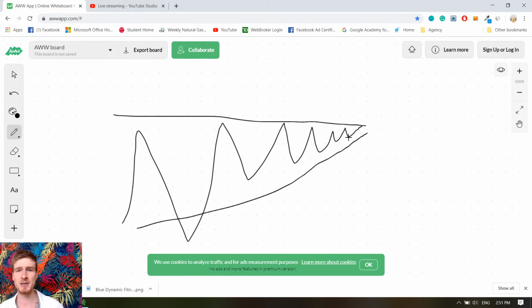Now, sometimes people say, and this goes against my experience, this goes against what I've experienced in the market, that the price action will break out in the direction that the wedge is heading. So in this case, the price action allegedly would continue up this way on increased volume.